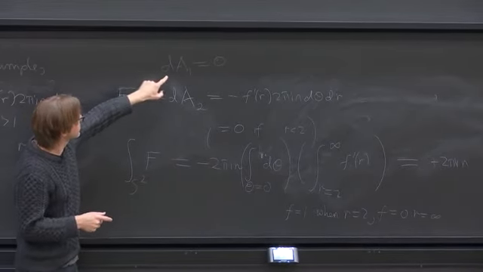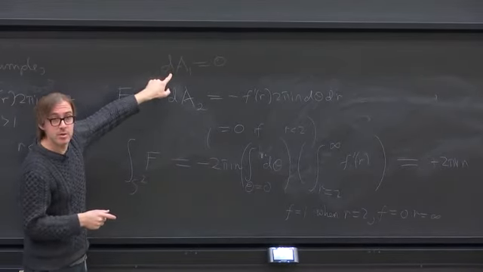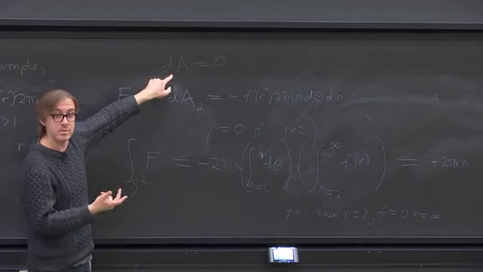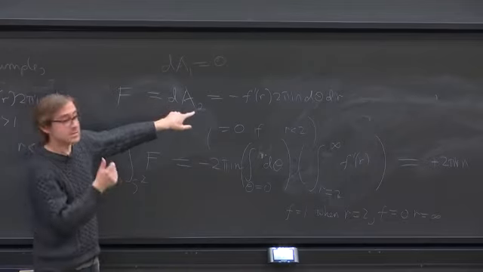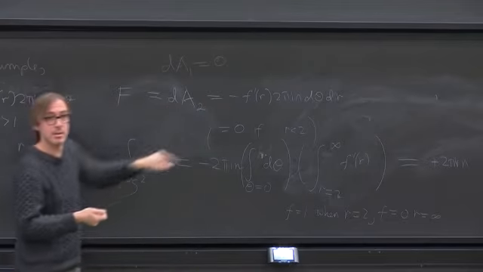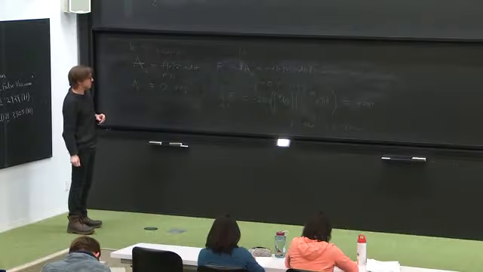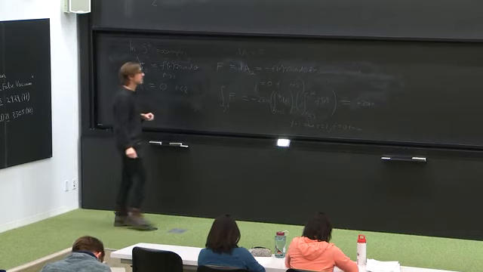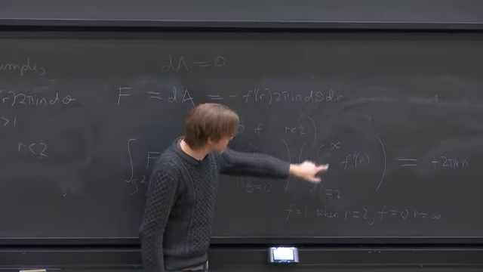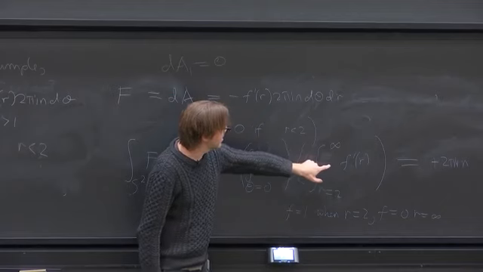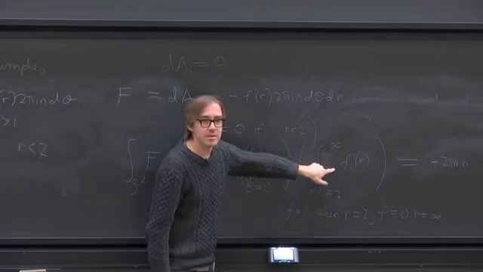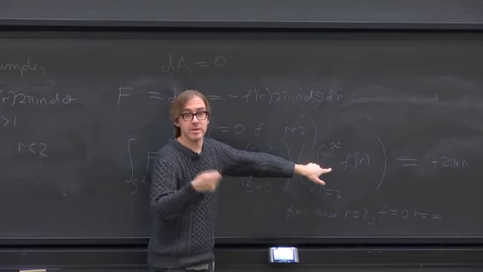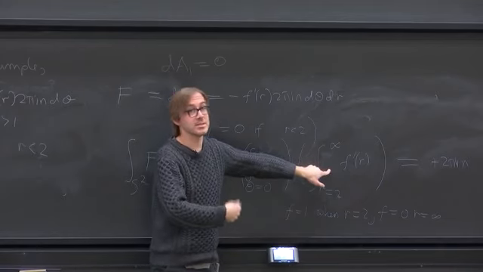so here, the curvature in the region when r is less than 2 has to be 0, because my gauge field in one gauge was 0 there. And it is because this function f is constant in that region. So the slightly tricky part of doing this is that I'm doing an integral of something which is represented as a derivative only for part of the region of the integration domain. For the other part of the region, it's 0.